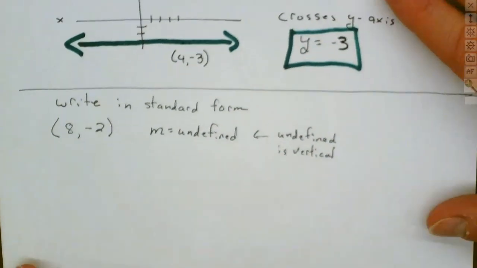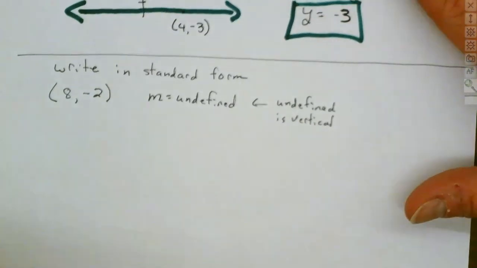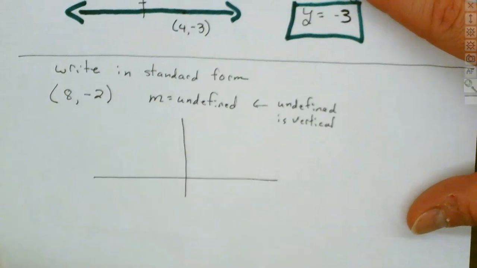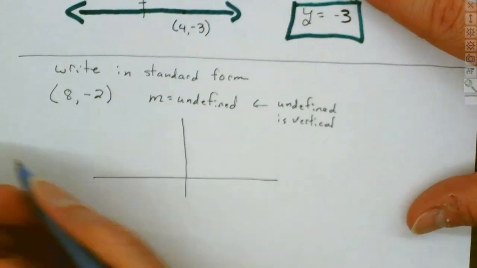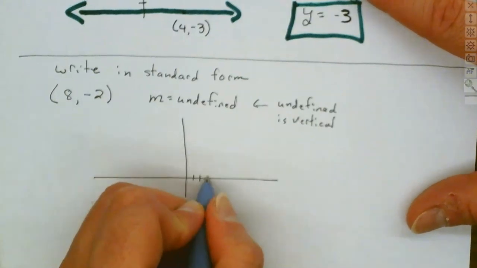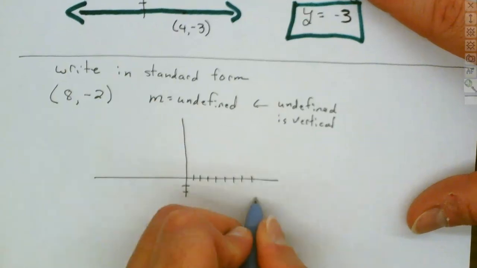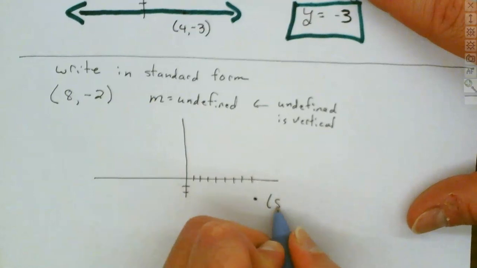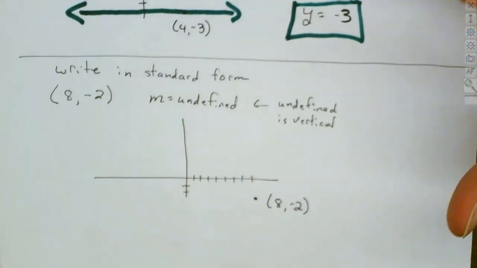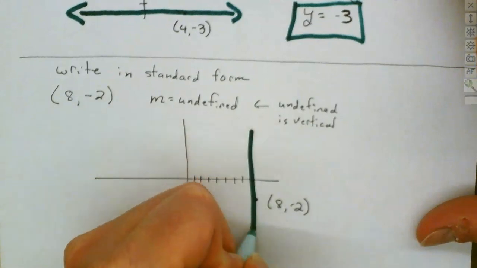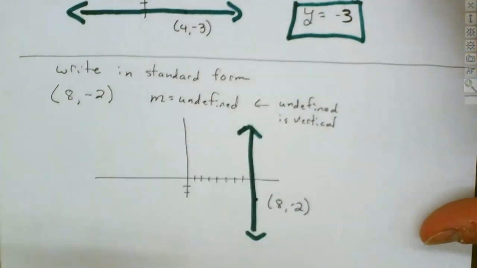Proceed exactly the same as we did the last one. An undefined slope. We first find our point, 8, -2. So that is forward 8 units. 4, 5, 6, 7, 8. And down 2. So right there it is at 8, -2. It's a vertical line in this case. So it looks like that.